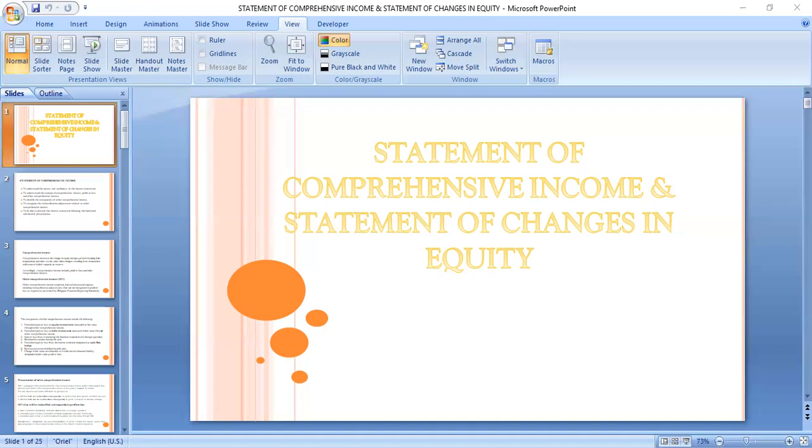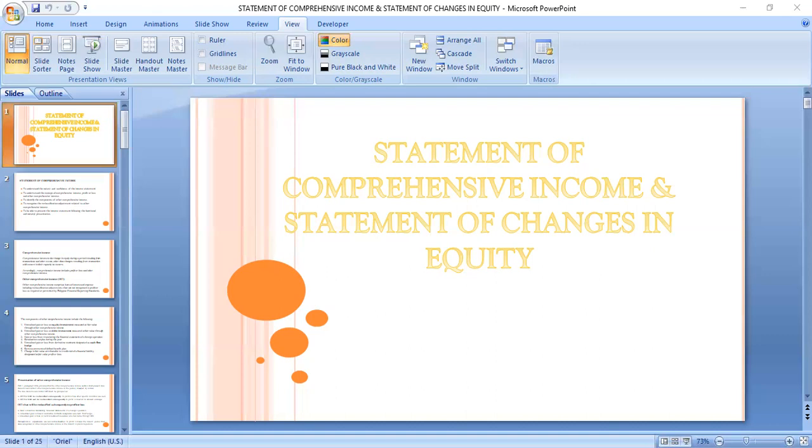The line items shall be grouped as, first, other comprehensive income that will be reclassified subsequently to profit or loss when specific conditions are met, and second, other comprehensive income that will not be reclassified subsequently to profit or loss, unlike number one, but this time it will be reclassified subsequently to retained earnings.